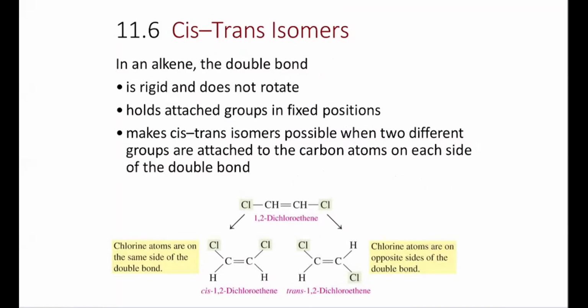Having that trigonal planar electron group geometry in that carbon-carbon bond does not allow the bonds to do a full rotation, okay? So those atoms are fixed into positions, okay?